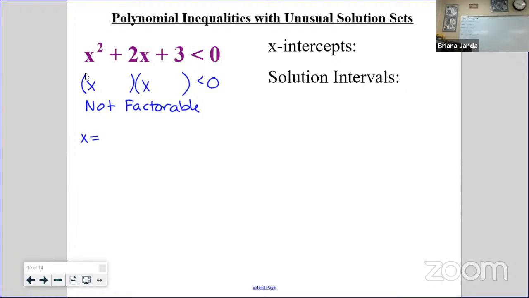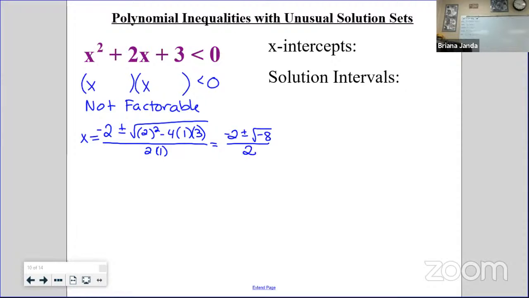So as I do this, I would end up with negative 2 plus or minus the square root of 2 squared minus 4 times 1 times 3, all over 2 times 1, which ends up negative 2 plus or minus the square root of 4 minus 12. What is that type of a number? Imaginary.